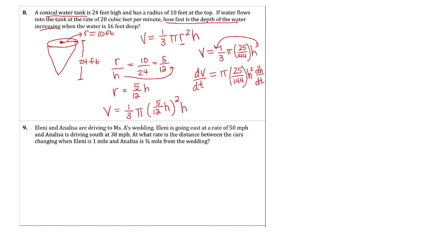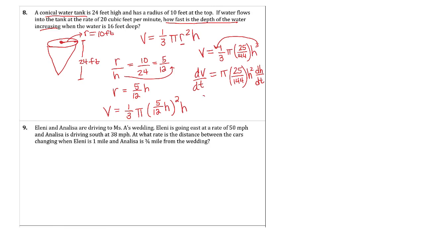All right, and so now we need a rate of change for the height. And let's see what it tells us. It tells us how fast the depth of the water is increasing when the water is 16 feet deep. So H was 16, and we need to plug that in there.